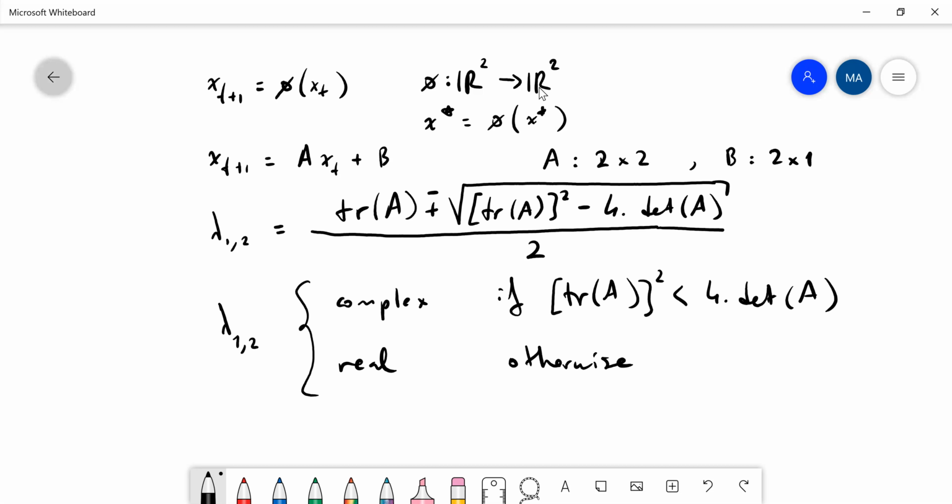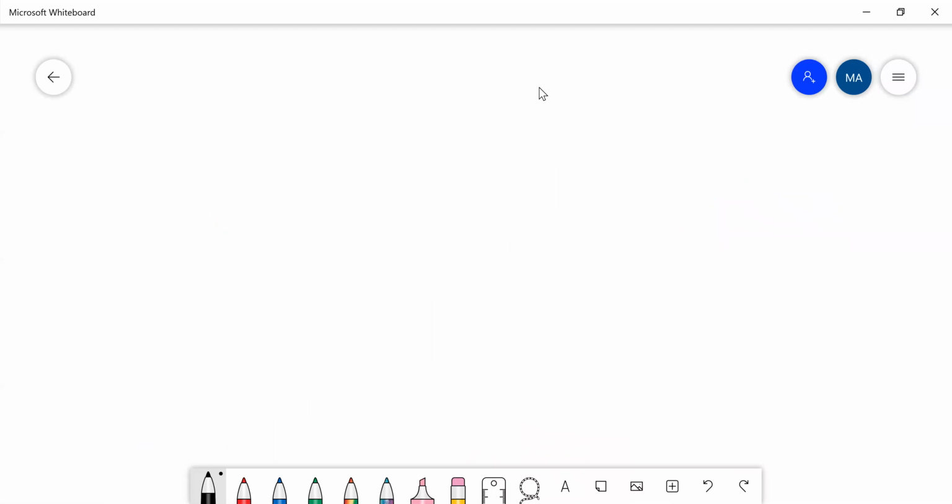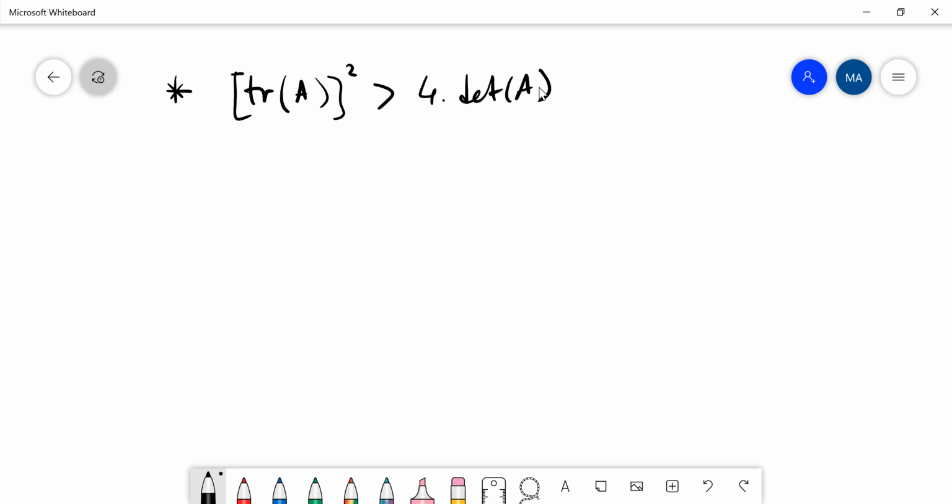Okay? So first, let's assume that trace squared is strictly greater than 4 times the determinant. Okay? Now this is the case for real eigenvalues that are different.